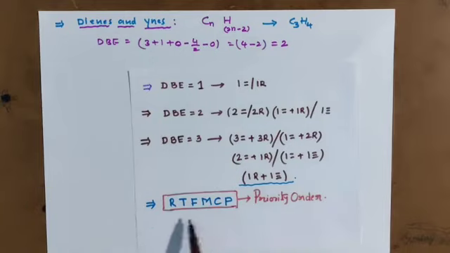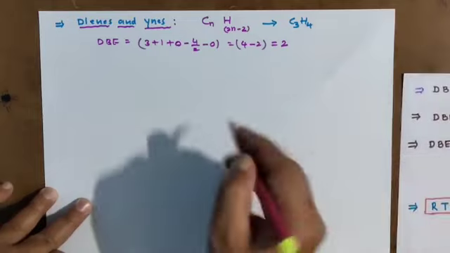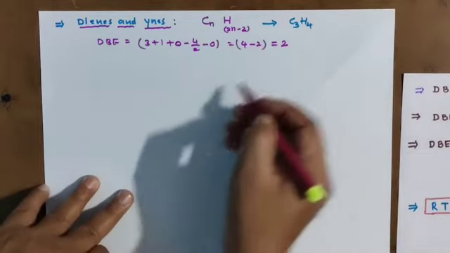Here I have shown the priority order of functional group isomers: first ring chain, tautomers, functional group isomers, metamers, chain isomers, position isomers. Now I am writing here: what are the chances for DBE 2?